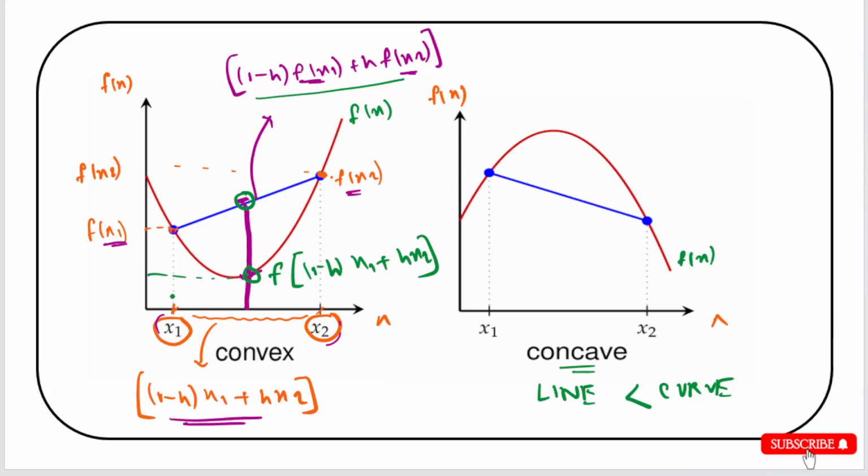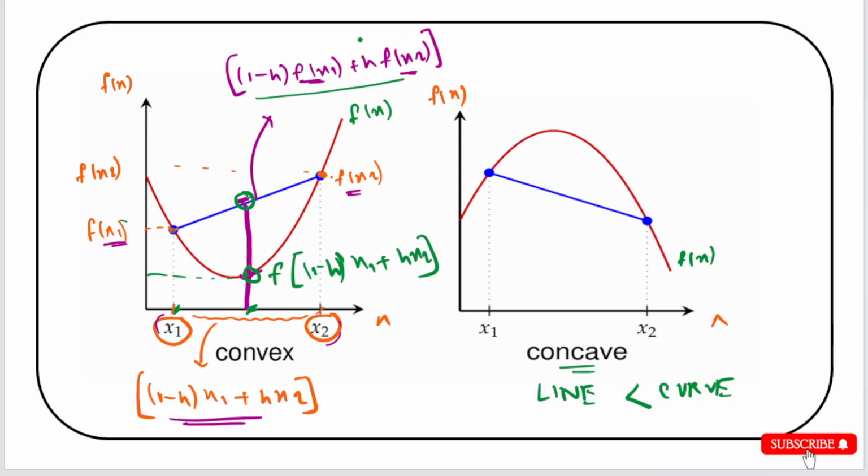Previously I told you that corresponding to x1 you have the functional value f(x1), and corresponding to x2 you have the functional value f(x2). So corresponding to this point, which can be represented using this, you have the functional value, simply putting this line segment instead of x. So f of (1 minus h) x1 plus h times x2. And if you compare, you will see this point is higher than this.